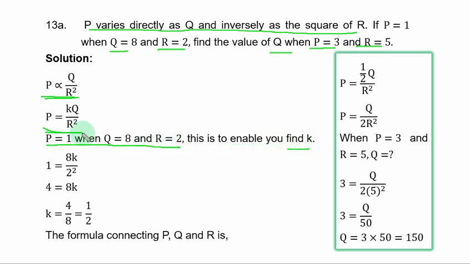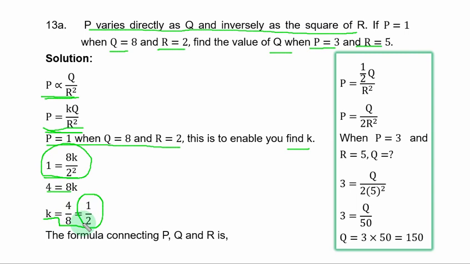The constant is K. The reason why you are given all the three letters is to enable you find K. So you replace P, Q and R with what they stand for in the question at this point. That gives this. If you clear fraction, multiply through by 2 squared, that is 4. You have 4 equal to 8k. Divide both sides by 8. K is equal to 4 over 8, and that is 1 over 2.